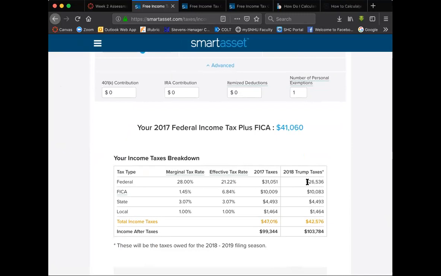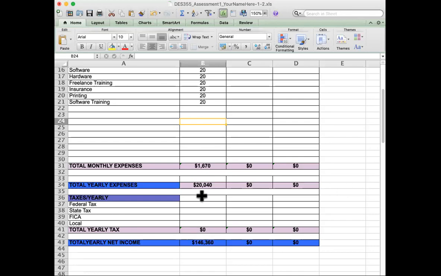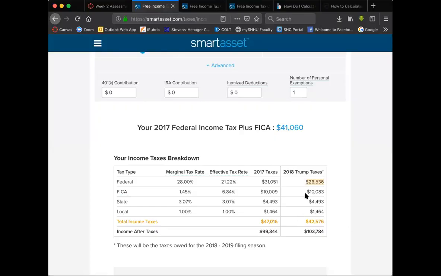So I'm going to go with the federal tax being, excuse me, 26,536. I'm going to go back to my calculator again. And look at, and I can write all this down. The state tax would be 4,493.